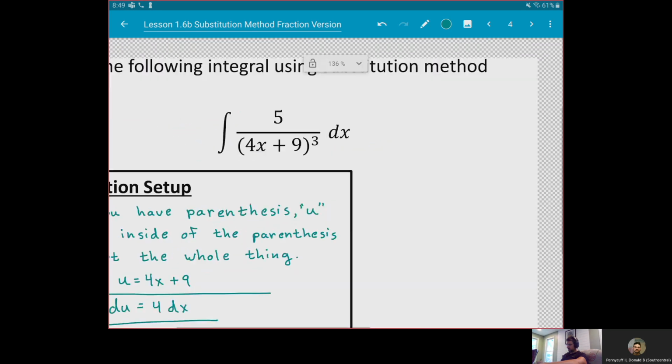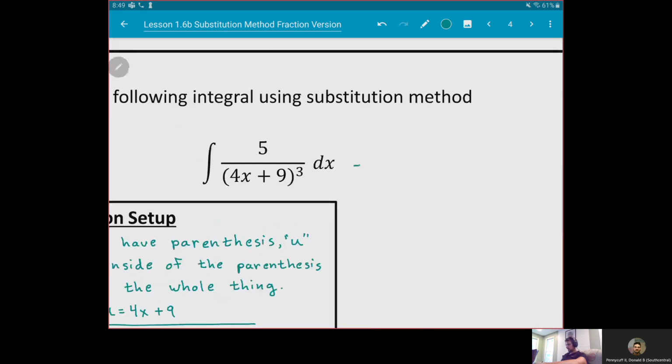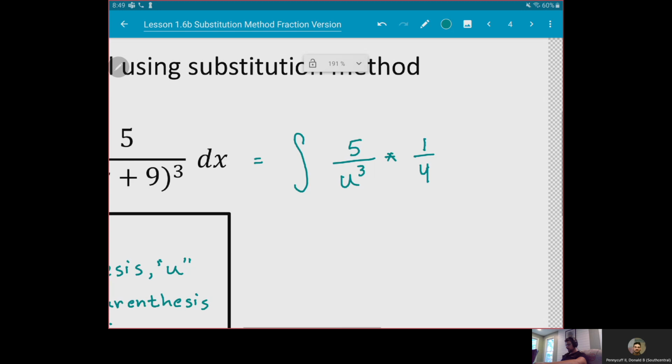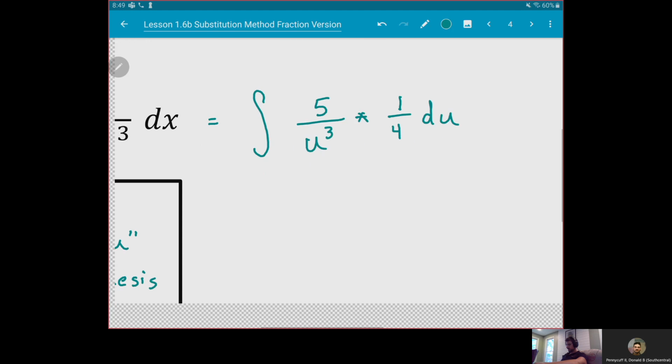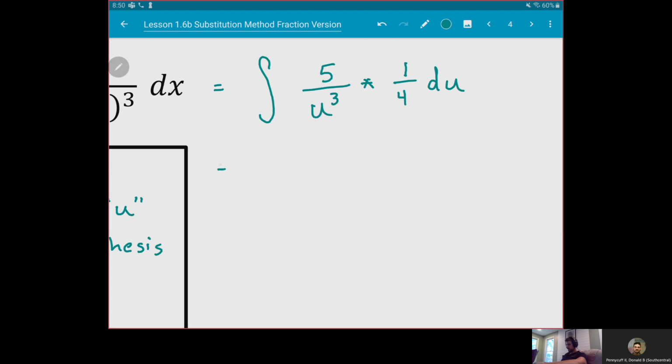And now I'm going to go up here, I'll plug everything in. So this will be the integral of 5 over u cubed times 1 over 4 du. Okay. So the 5 and the 4 are going to come out front.